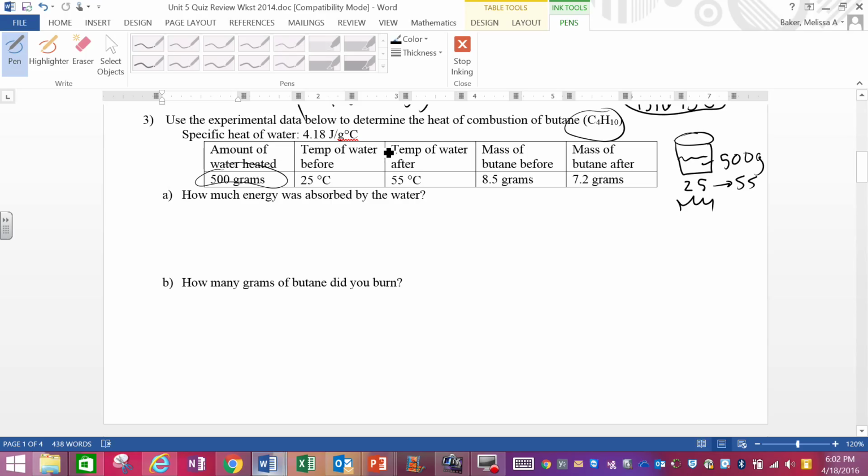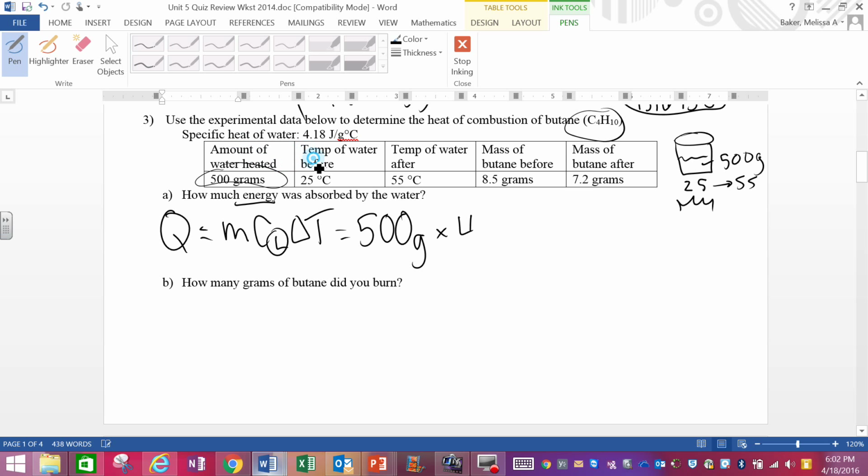So first, how much energy was absorbed by the water? Every time you see energy, you know you need Q. So Q equals mcΔT. And I put liquid here because it says water. So we're going to do the mass of the water, multiply it by the specific heat for water, multiplied by the change in temperature of the water.